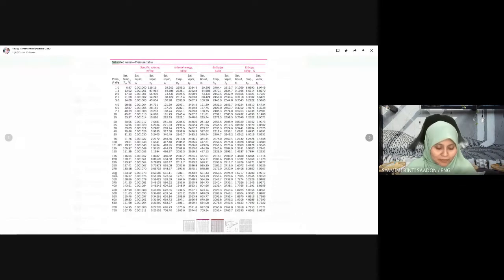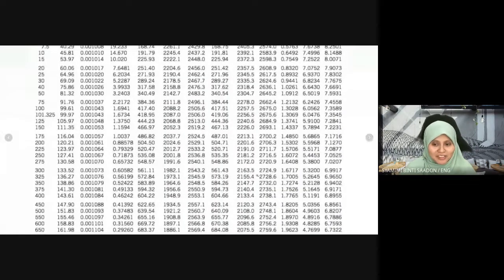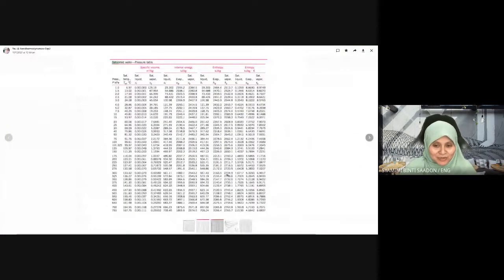So we can find H1. Saturated vapor H1, 2724.9. So this one is H1, 2724.9. So substitute this value inside here.